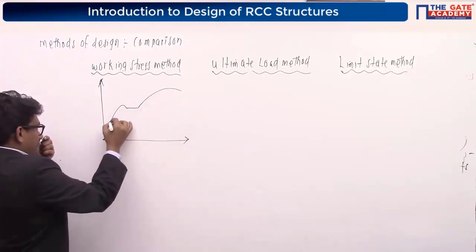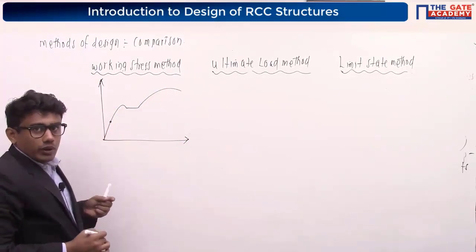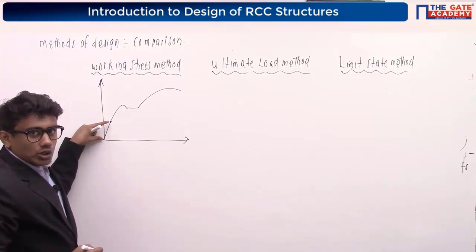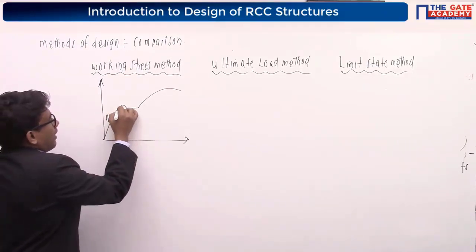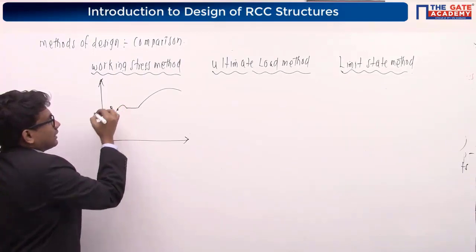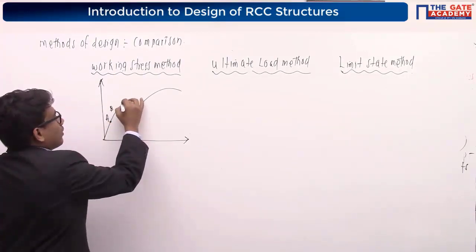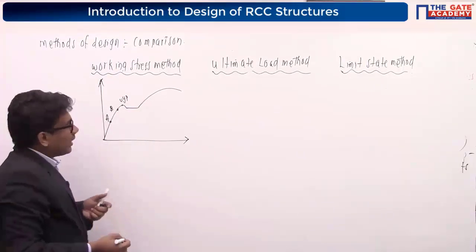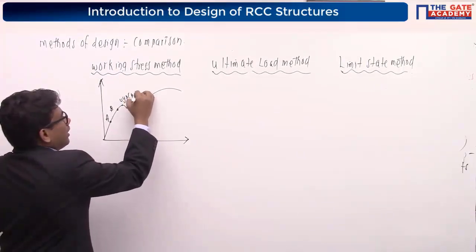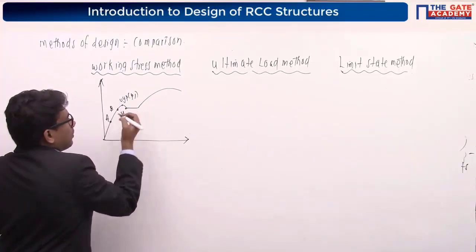You know what is this point? The point up to which the stress is proportional to strain is called, yes, proportionality limit. We have our elastic limit. I am going to consider it as B, and we will have an upper yield point, which I am going to consider as UYP, or we can consider it as Y1, and we will have one lower yield point.